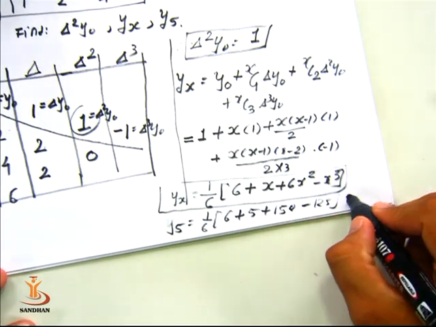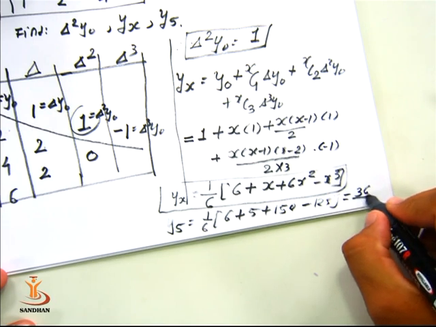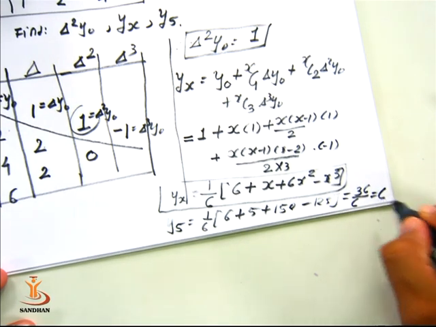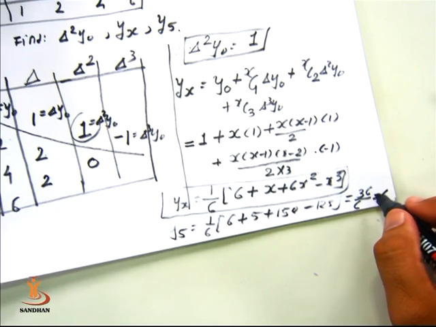So after simplification, we got the answer as 36 divided by 6. The answer is 6. So this is how we can use the concept of forward differences for various applications.